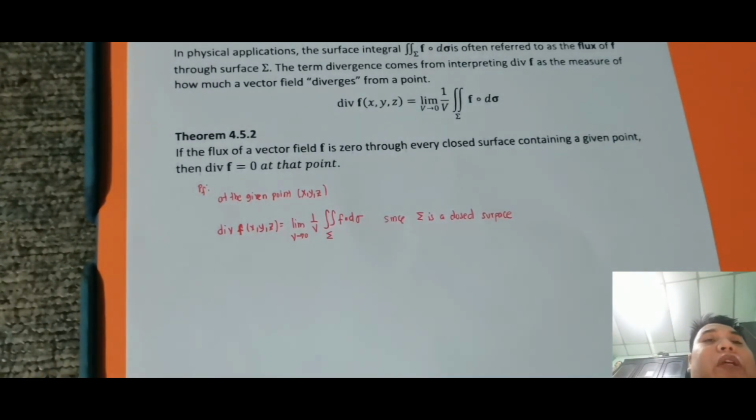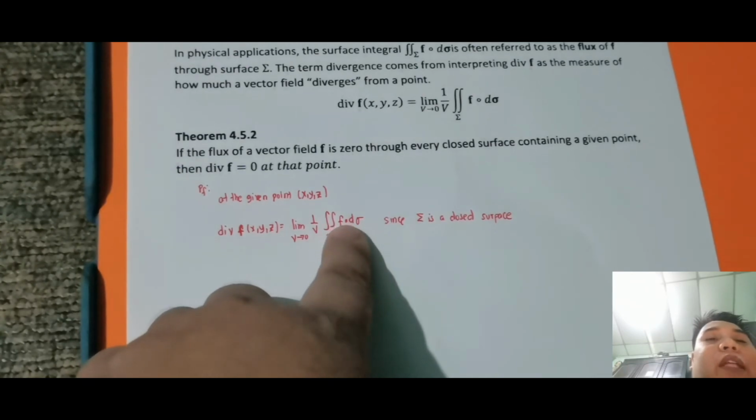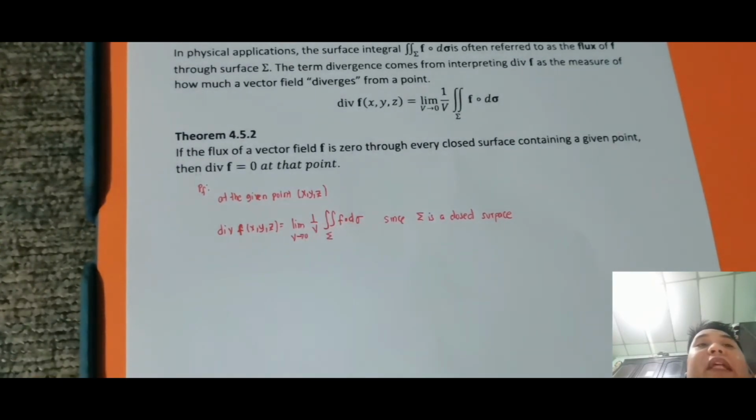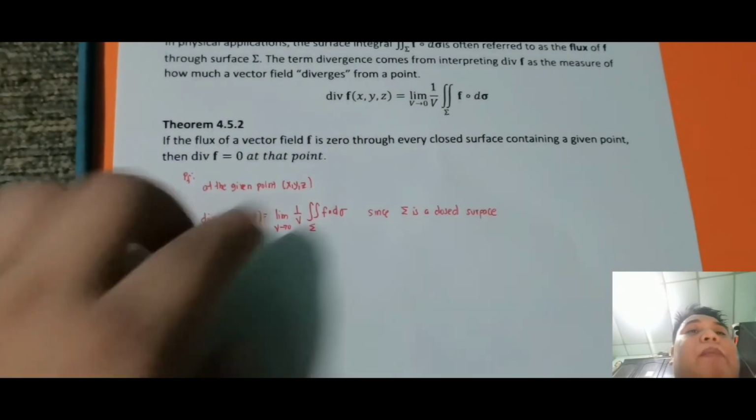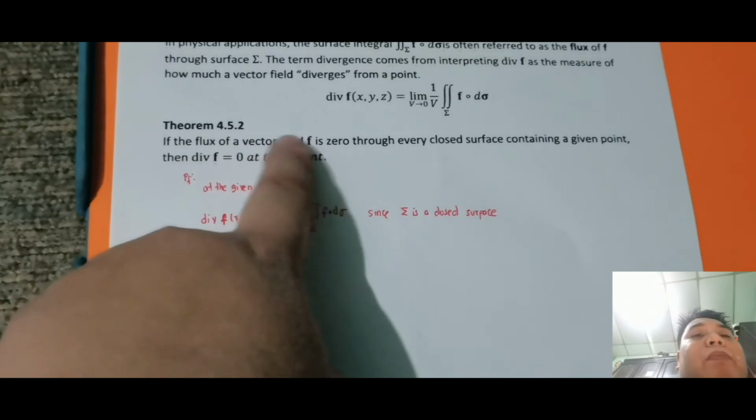So now, ano ba yung integral ng F dot d sigma? So double integral along the sigma ng F dot d sigma. Ano ba integral niyan? So ang integral nito is just 0. Bakit mo nasabi na 0? Sabi na, if the flux of a vector field F is 0.